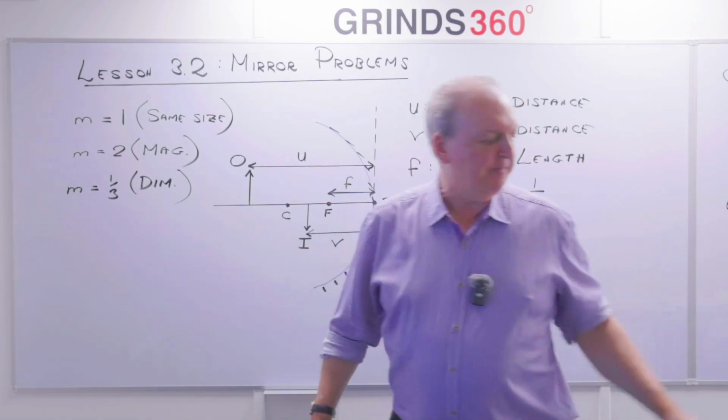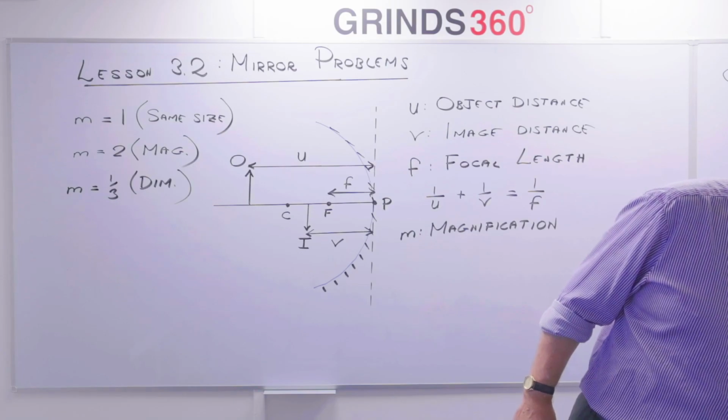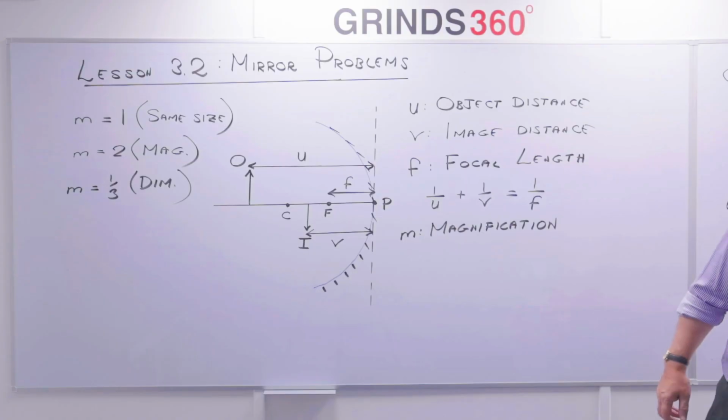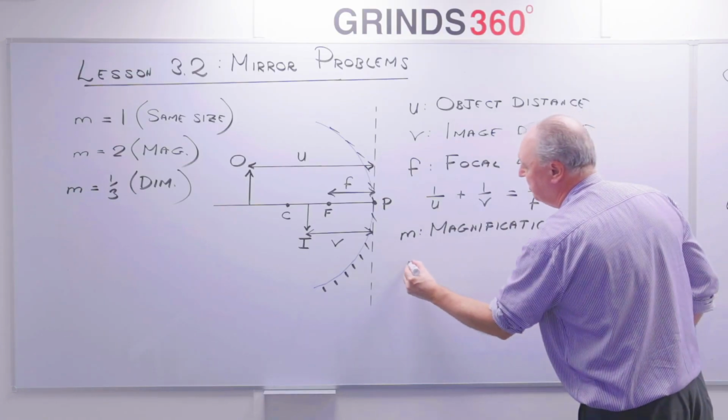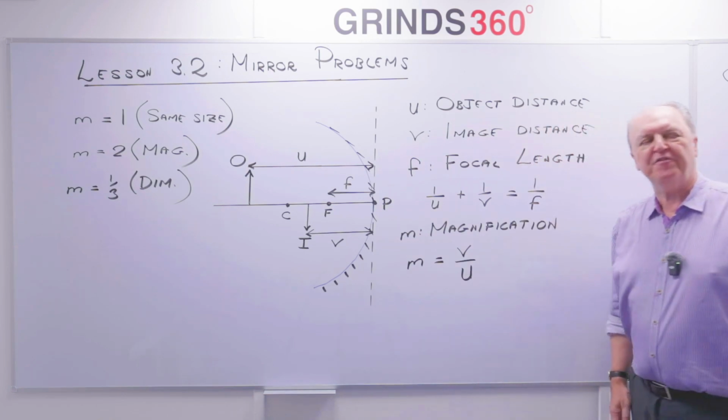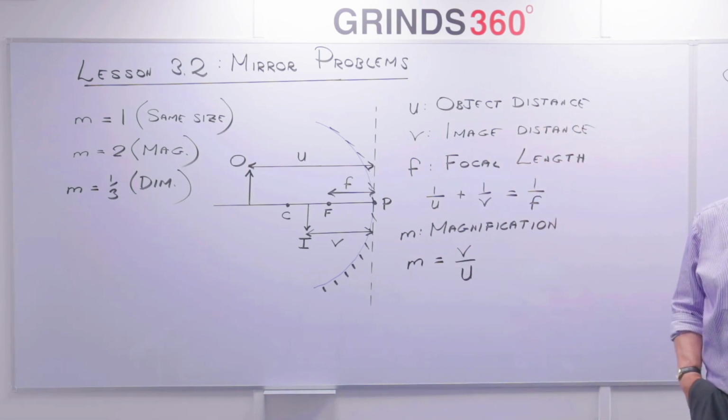There's another formula there for magnification. So we have 2 formulae for magnification. The main one is m is equal to v over u. Again, we're not going to prove it. So the magnification m is v over u. Well, we have another formula that compares the heights.